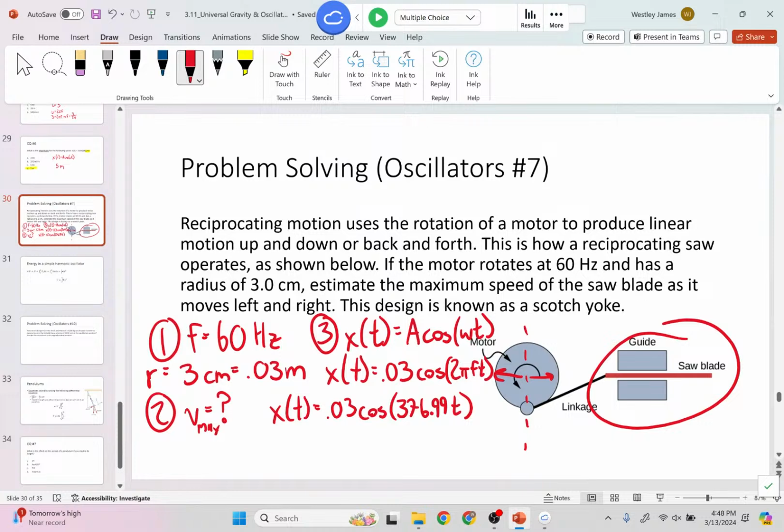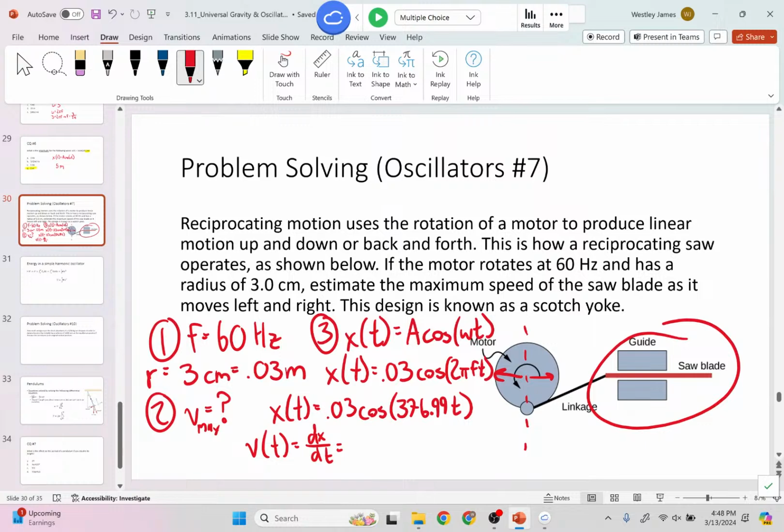How are we going to get velocity from a position function? So, throwback to kinematics, y'all. Yeah, we're going to derive it. The derivative of position with respect to time is velocity. The definition of velocity is dx/dt.